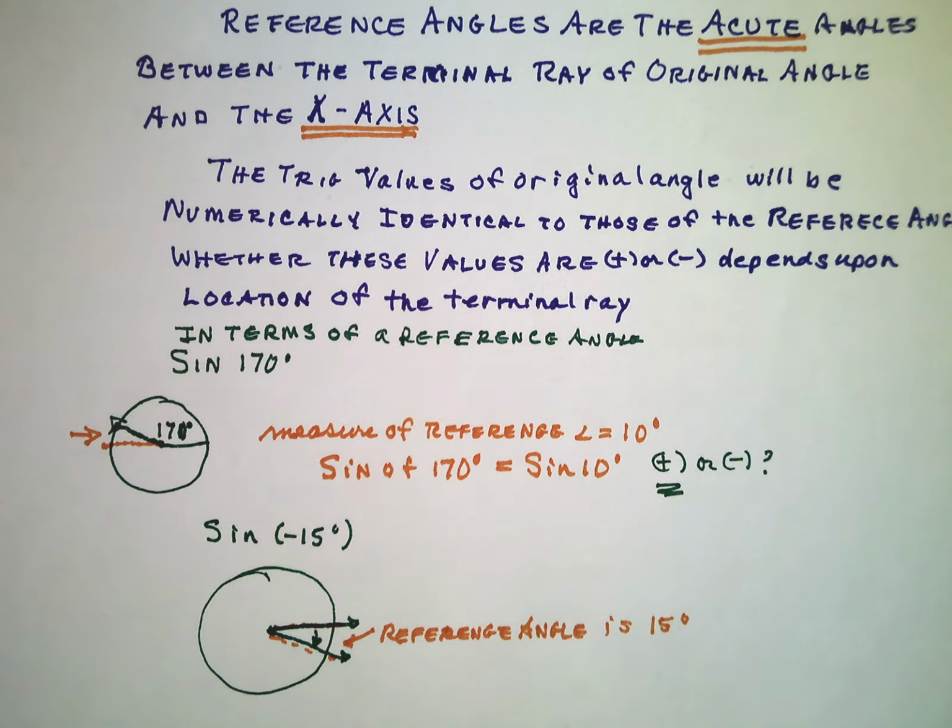If we know the sine value for 15 degrees, we know the sine value for negative 15 degrees. We would just have to decide, is it going to be a positive answer or a negative answer? So the sine of negative 15 is going to equal either sine of positive 15 or the opposite of the sine of 15.